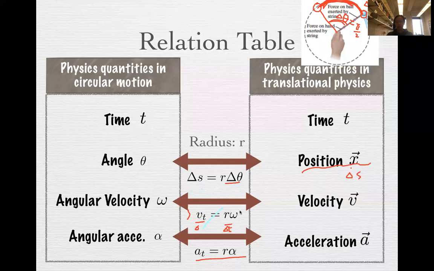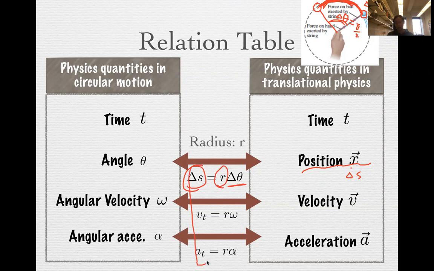In summary, linear is nothing but angular times the radius.